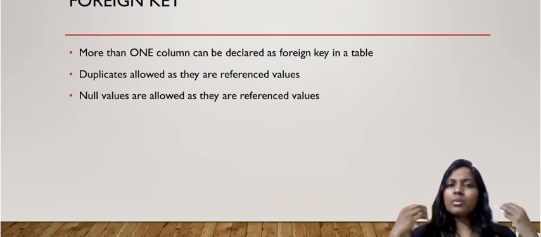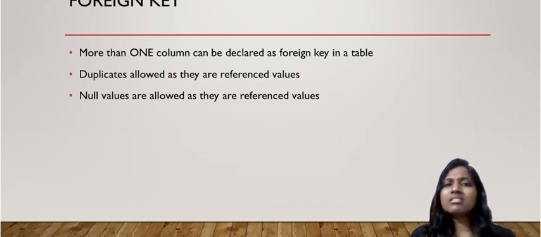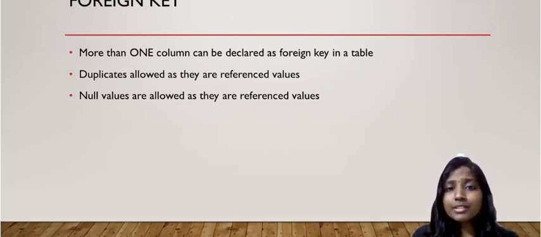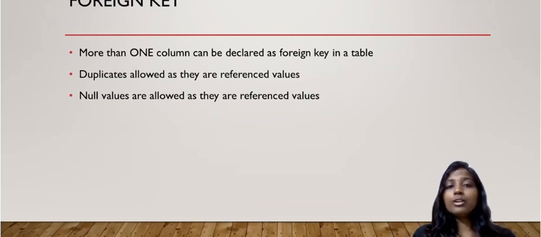What is this? It is allowing duplicates, it is allowing null values. So why do you say this is a constraint? Yes, this is nothing but a reference value. What do you mean by reference value? What do you mean by foreign key? For example, let's say we are Indians. I am a native of India.